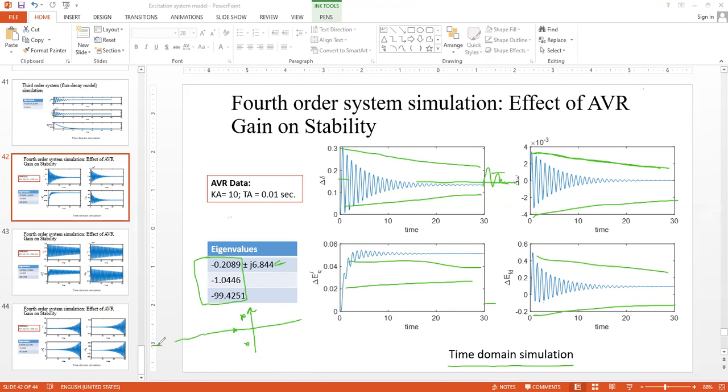Minus 99 is far away, so it is not a problem. So these are the dominant eigenvalues. They will mostly affect the dynamics of your system. That's why these are known as the dominant eigenvalues.